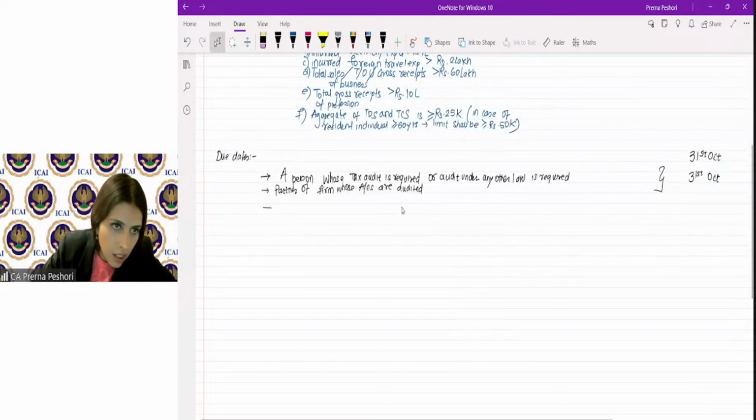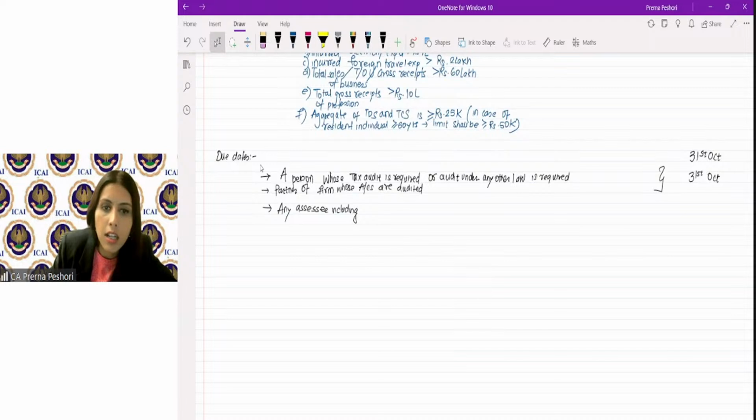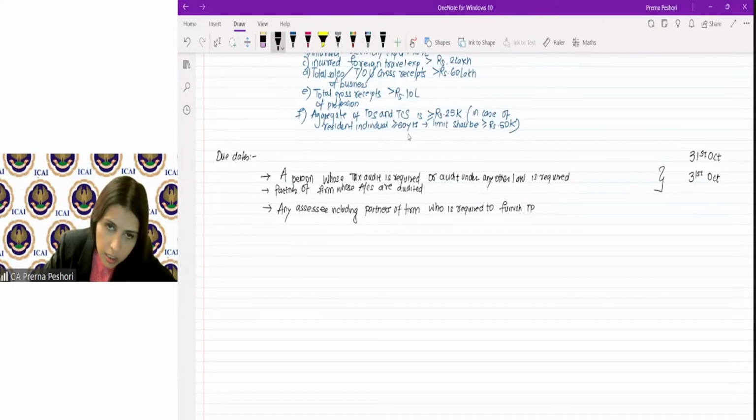So any assessee including partners of a firm who is required to furnish TP audit report, this will become 30th of November.